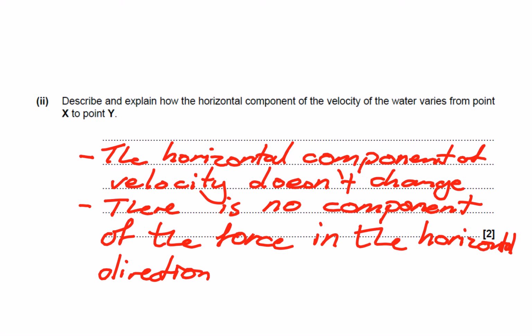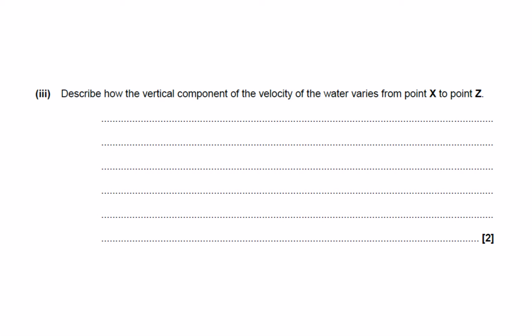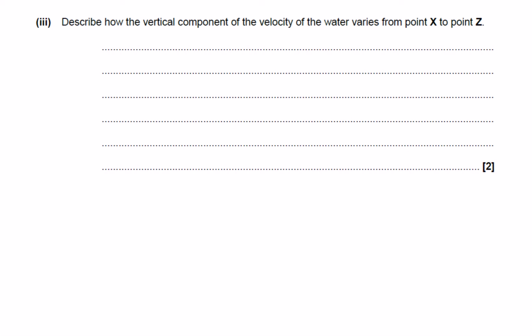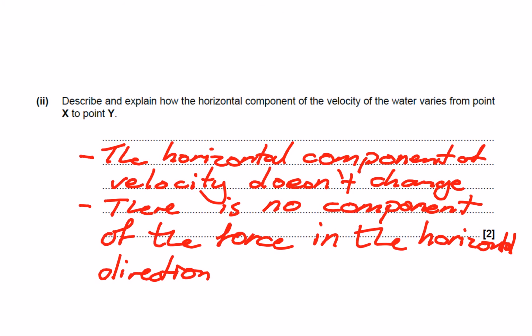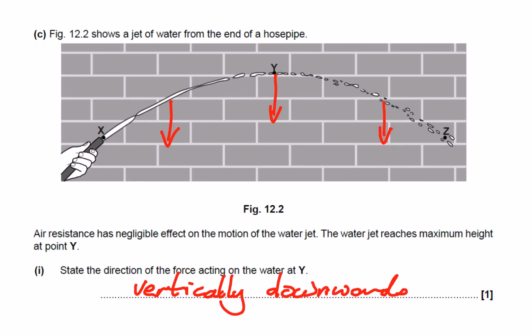Okay, now let's move on to part 3. Describe how the vertical component of the velocity of the water varies from point X to point Z. So if we go back to our graph here. Now, I'm going to change the colour, because now we're dealing with the velocity vector.